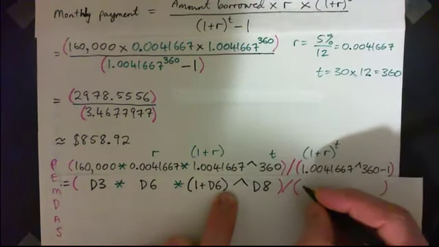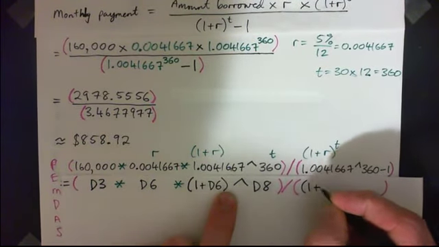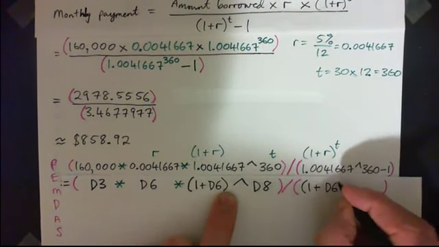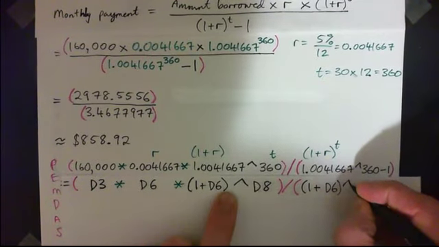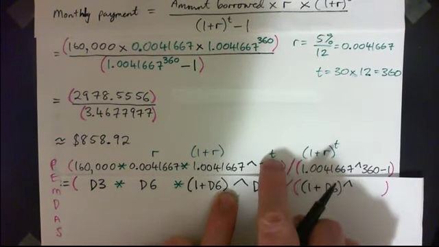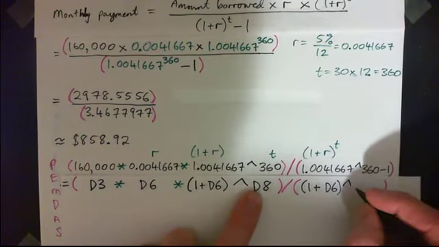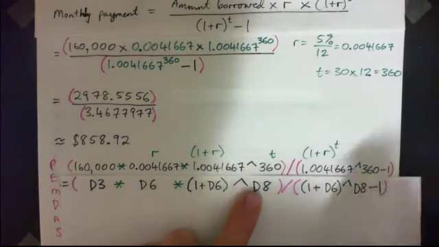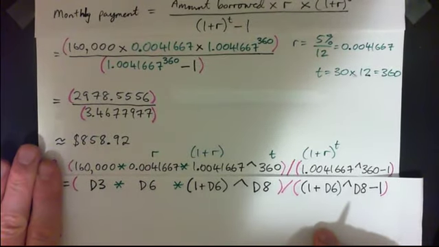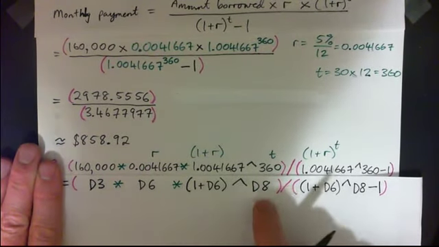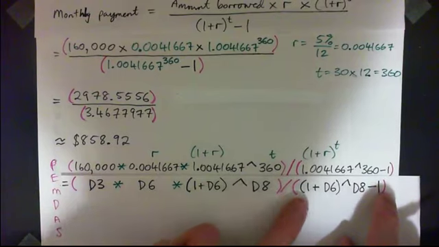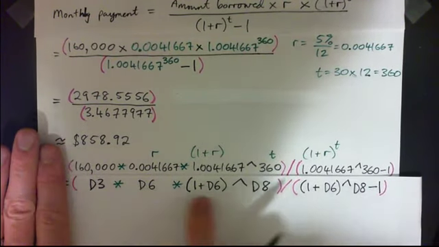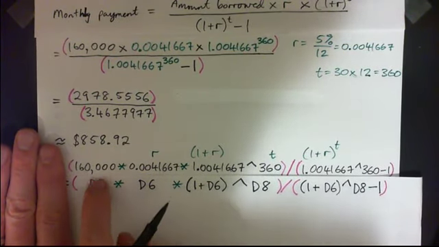So we've got 1 plus D6 in parentheses to the power of, and 360 is the number of payments, that's D8, then minus 1, okay?